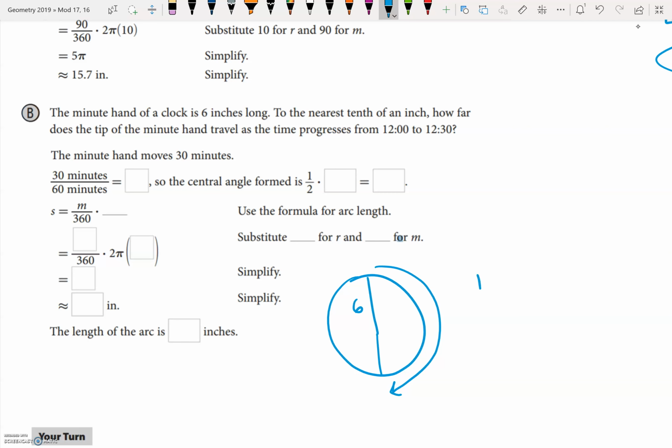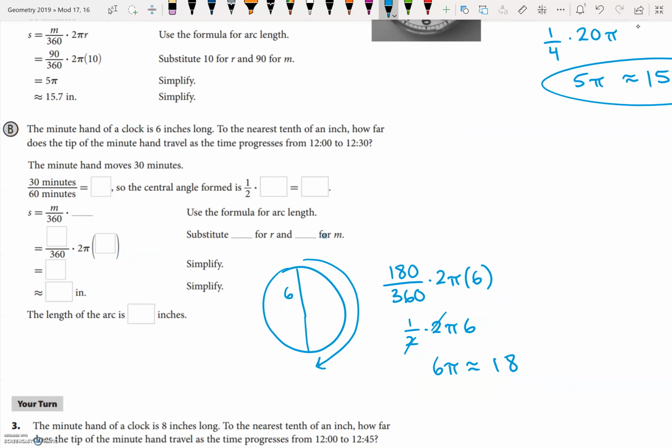So we'll do 180 over 360 times 2 pi times 6. So this is 1/2 times 2 pi times 6. This is 6 pi, which is approximately 18.8 inches, to the nearest tenth.